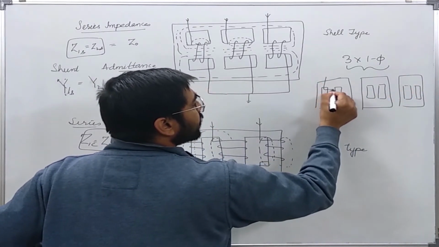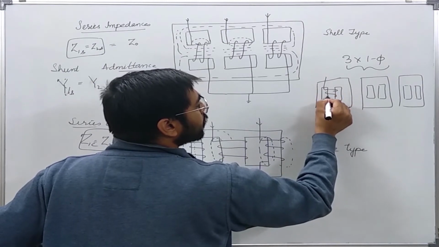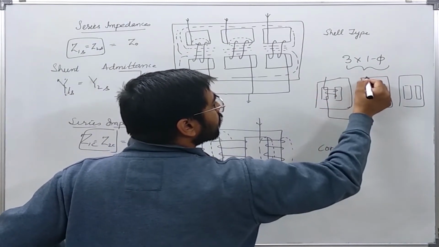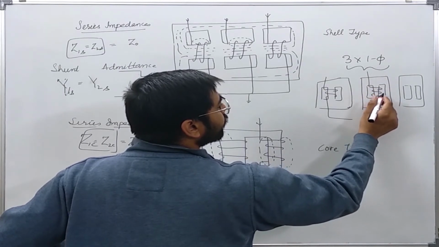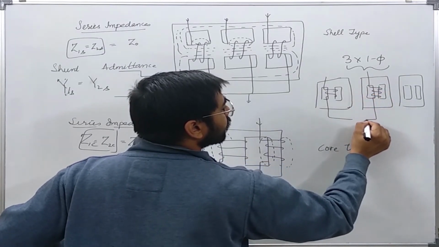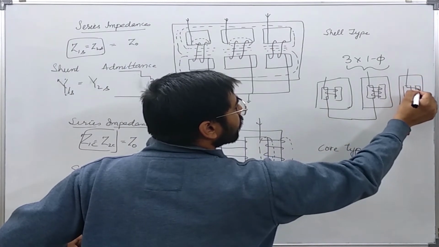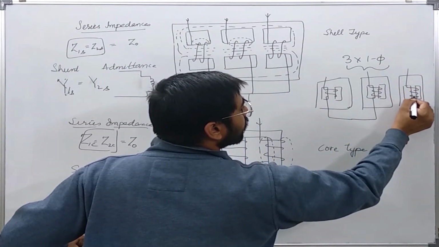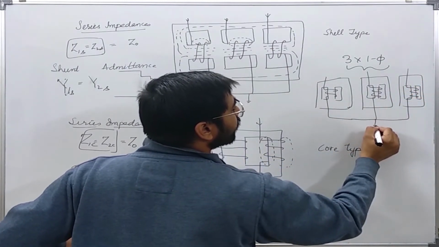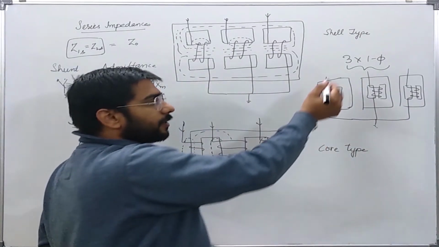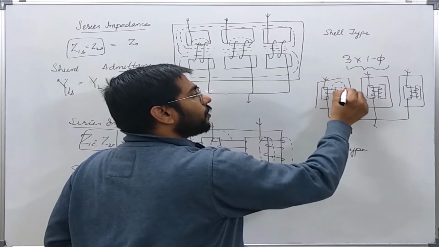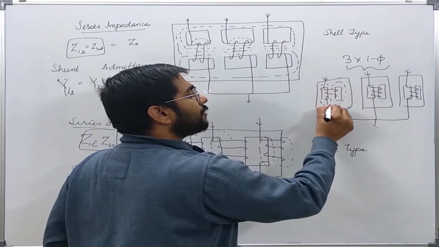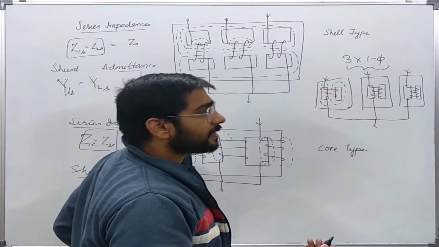The windings were placed like this. Now, if unidirectional current flows in these 3 windings, the flux will flow like this only, with the same path as the positive sequence and negative sequence.